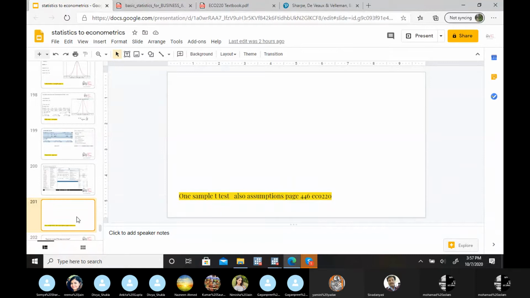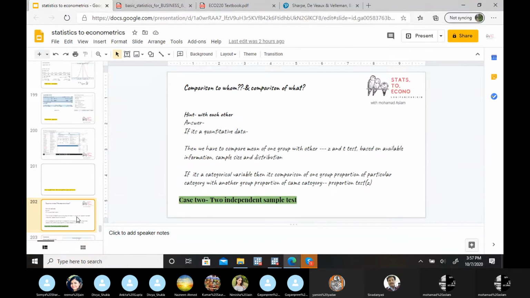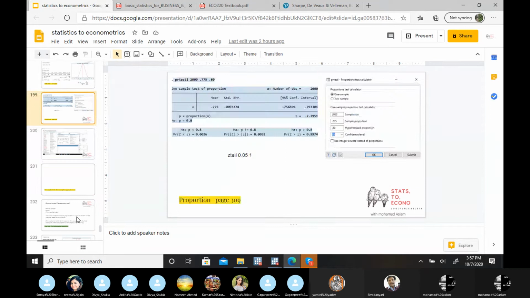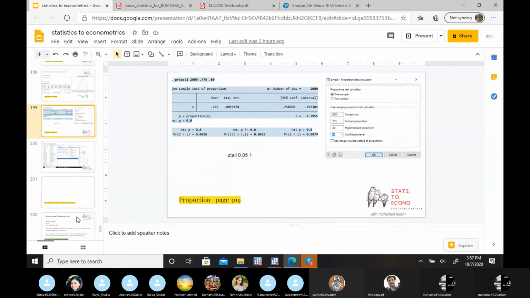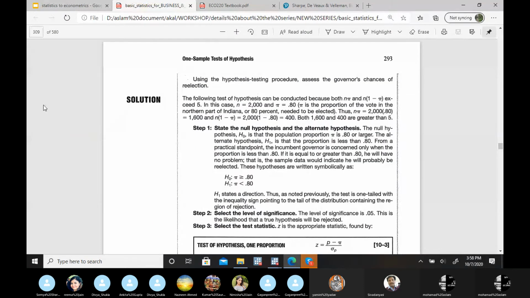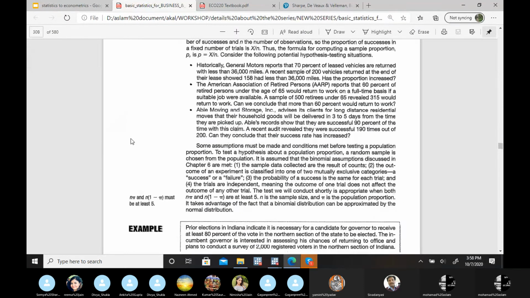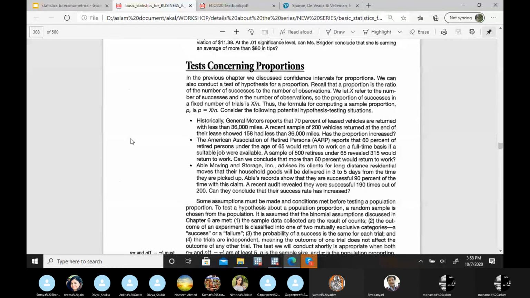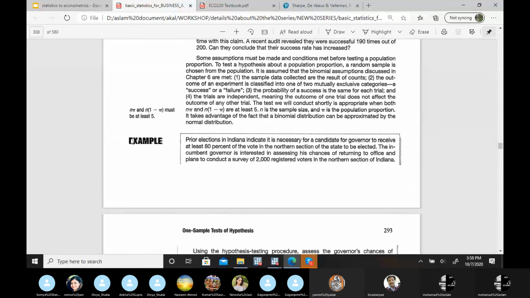Now in one sample, the other thing is about the proportion test, which applies when you have categorical data. Let's see another example. Proportion hypothesis testing is when you have frequency distributions and you want to check the proportions.